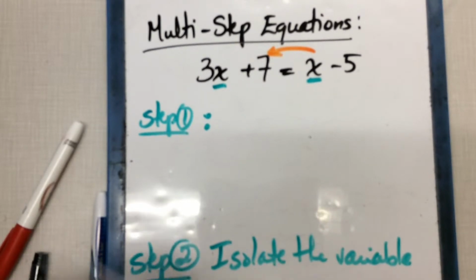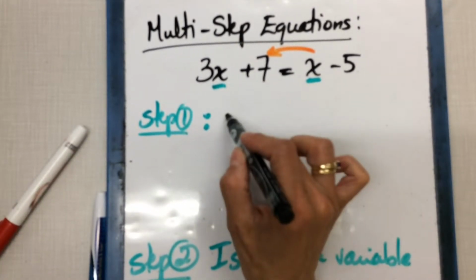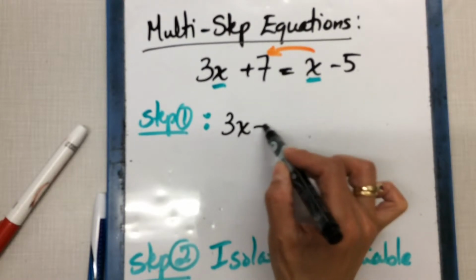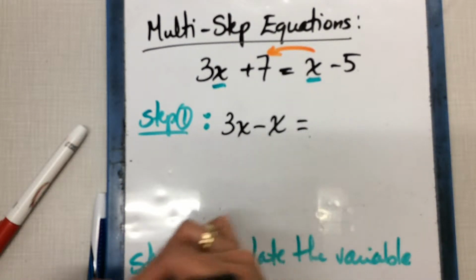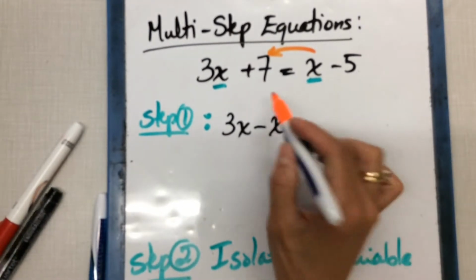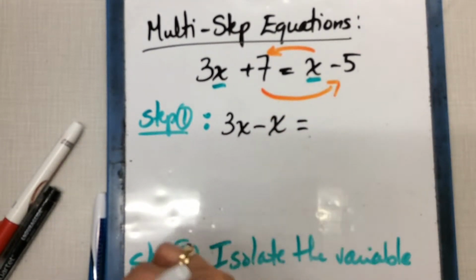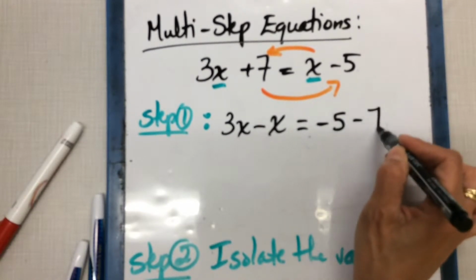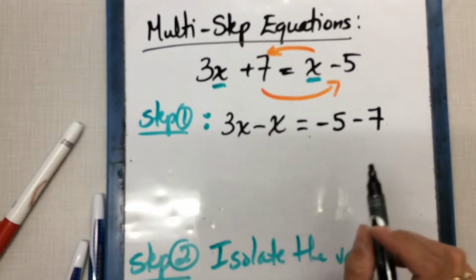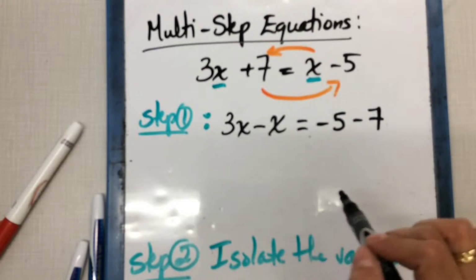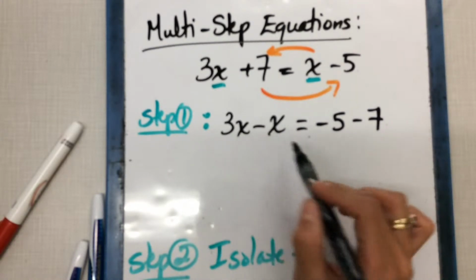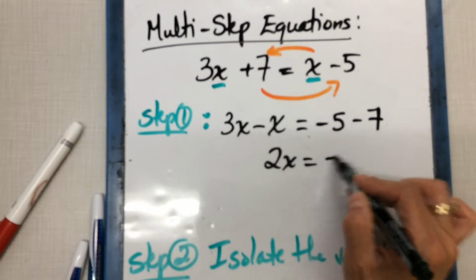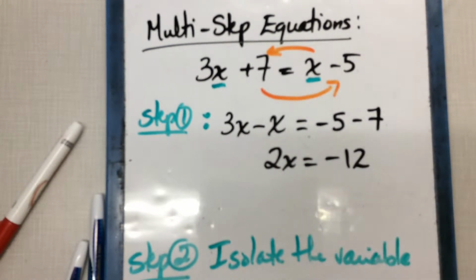Okay, and so now I've got 3x, and the opposite sign is minus x equals, and I will bring this one to this side. And what I have here is negative 5 minus 7, because I'm using the opposite operation. 3x minus x leaves me with 2x, and that gives me negative 12.